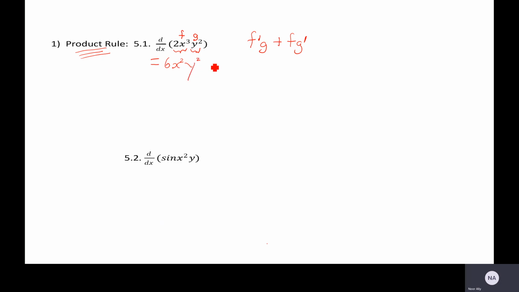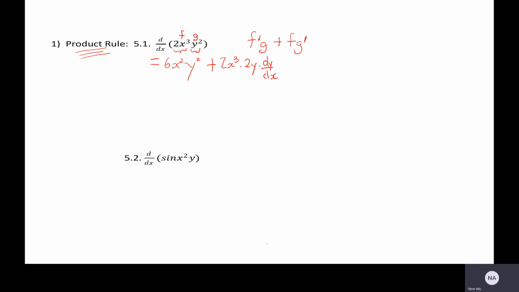But of course we don't stop there now. Plus, now I'll leave my 2x cubed and differentiate y squared correctly. That will be 2y. Do we stop there? Not at all. Times dy/dx. That is the use of the product rule.